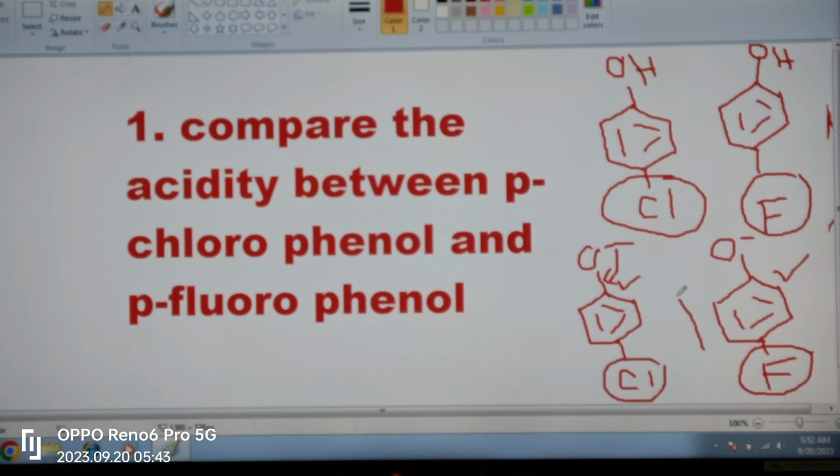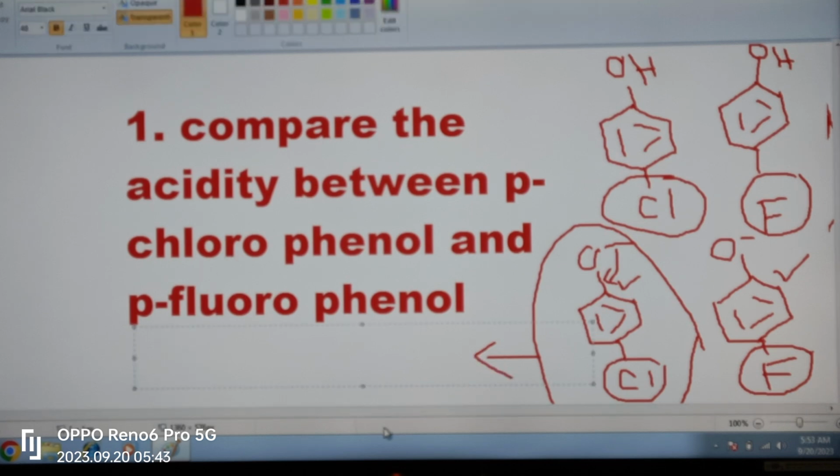So this conjugate base will get extra stability compared to the parafluorophenol conjugate base, due to the vacant d orbital conjugation. So here the extra stability factor is vacant d orbital conjugation.